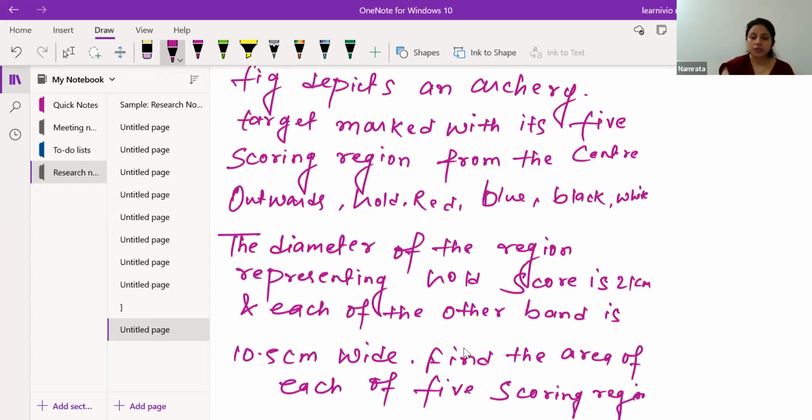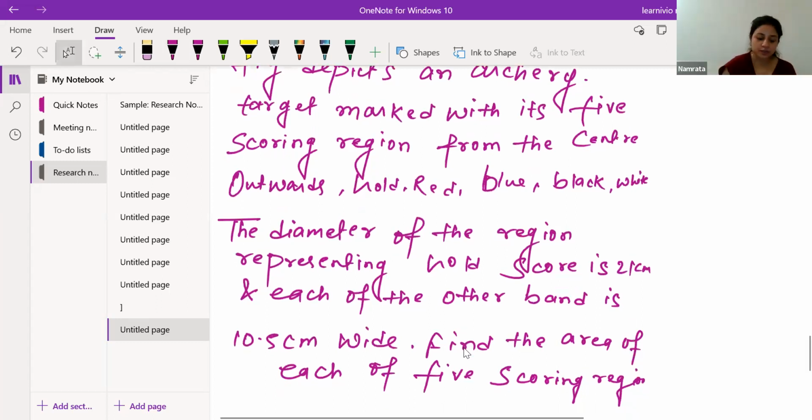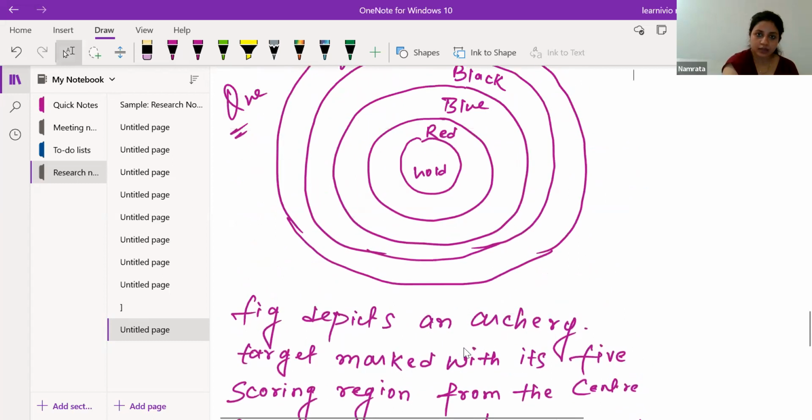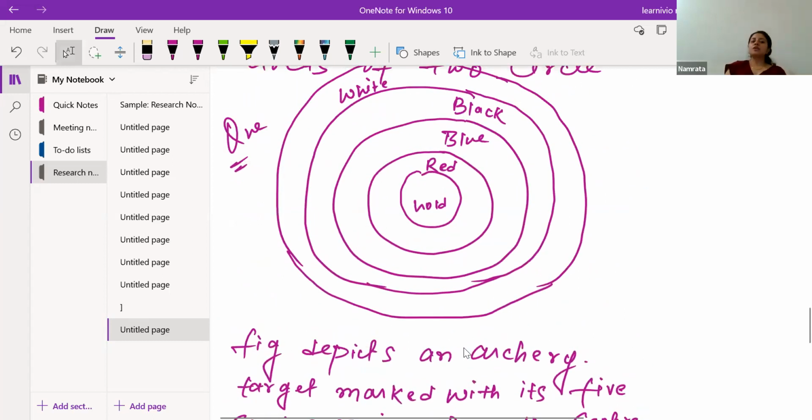Okay, so if we get back to the question, it says that this figure depicts an archery target. I need to color whatever I have written, red, blue, black, with red color, black color, blue color. That's how the picture is given in the book. Here it says the diameter of the gold is 21.